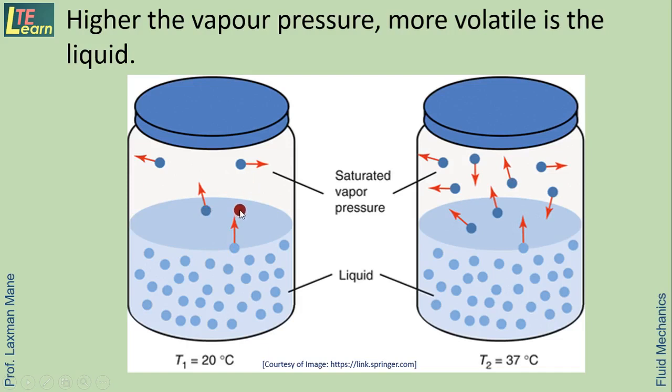This number is low because it is at low pressure, low temperature, and on the right side the number of molecules escaping from the liquid interface is high because the temperature is higher than the first case. So we say that the vapor pressure acting on this liquid interface will be high. So higher the vapor pressure, more volatile is the liquid.